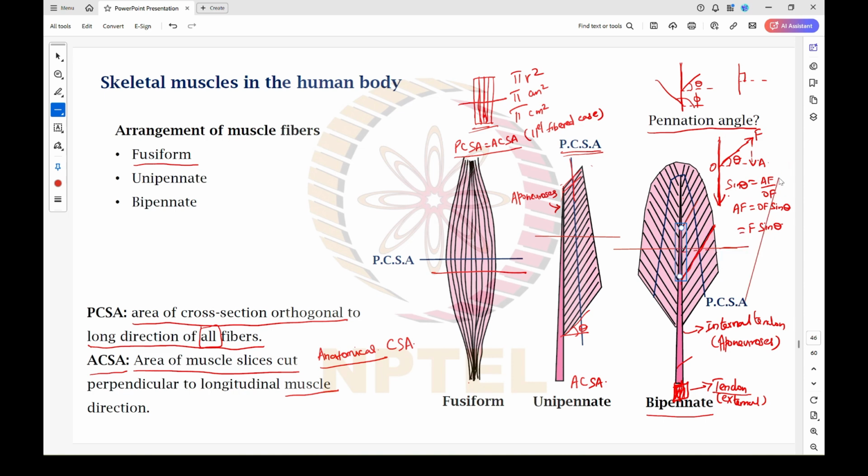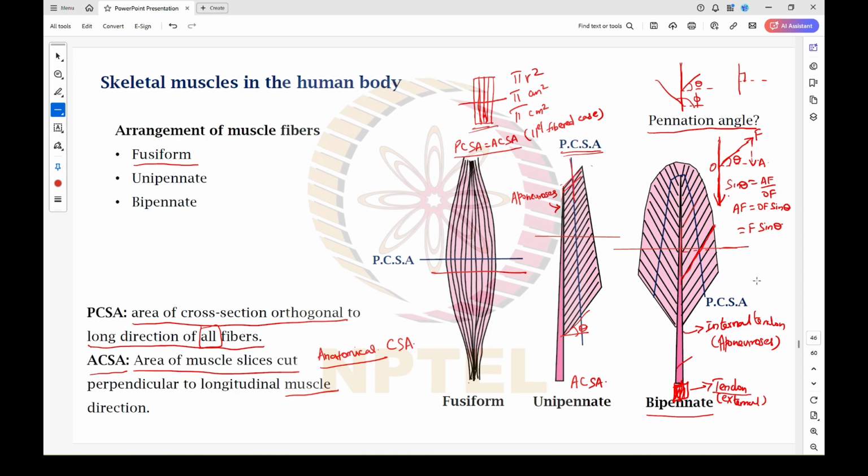So essentially if the angle that the fiber makes with the horizontal is theta, then the force that is essentially transmitted is F sine theta.